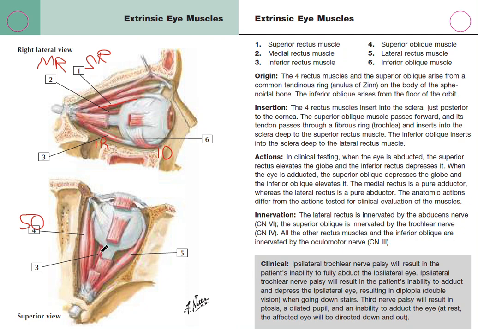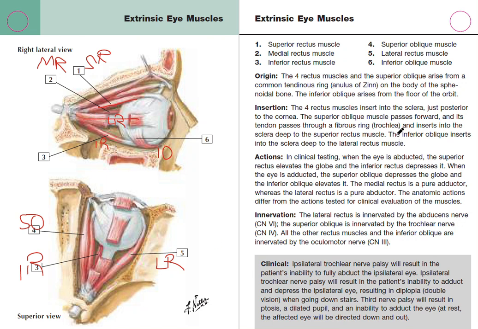Number 3, we see again the inferior rectus, which is below or inferior to the eyeball in this orientation. And number 5 here, lateral to the eyeball, is the lateral rectus. The lateral rectus is actually this cut muscle over here.